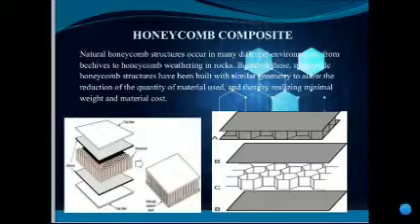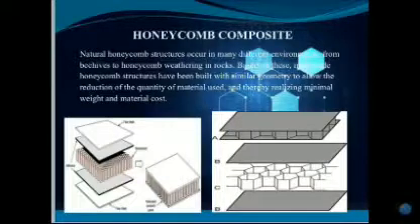Next comes the honeycomb composites. There are two types. One figure represents the man-made honeycomb structures, and another figure represents the natural honeycomb structures. Firstly, natural honeycomb structures occur in many different environments, from beehives to honeycomb weathering in rocks.